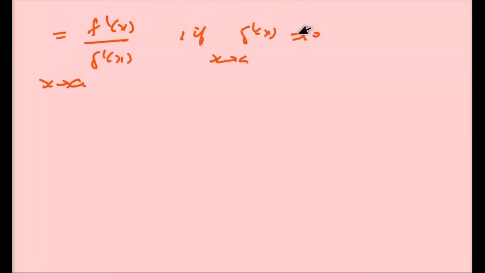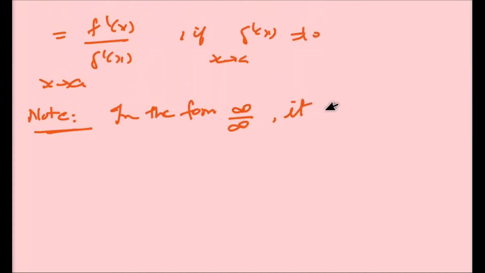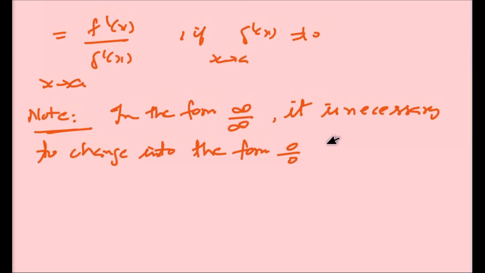The formula is the same, okay, as we use for 0 upon 0. But an important note is here, this you have to learn well. If it is in the form infinite upon infinite, it is necessary to change it into the form 0 upon 0.